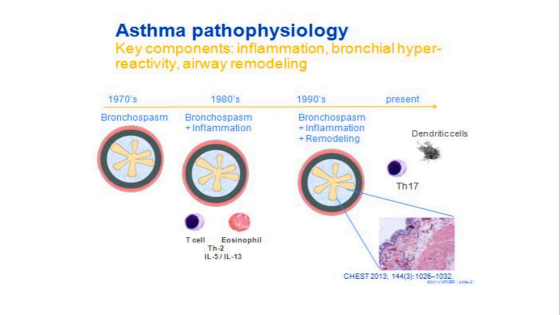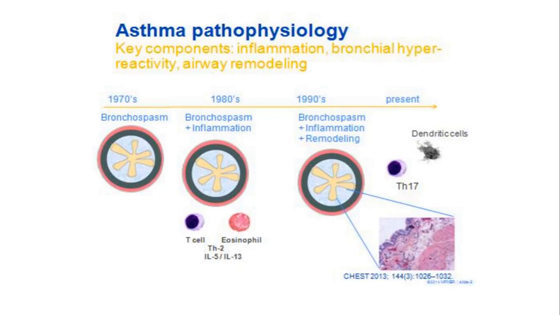Pathophysiology of asthma: in the 70s, the prevailing belief was that this disease is caused by bronchospasm. In the 80s, they mentioned that it is maybe secondary to bronchospasm plus inflammation.